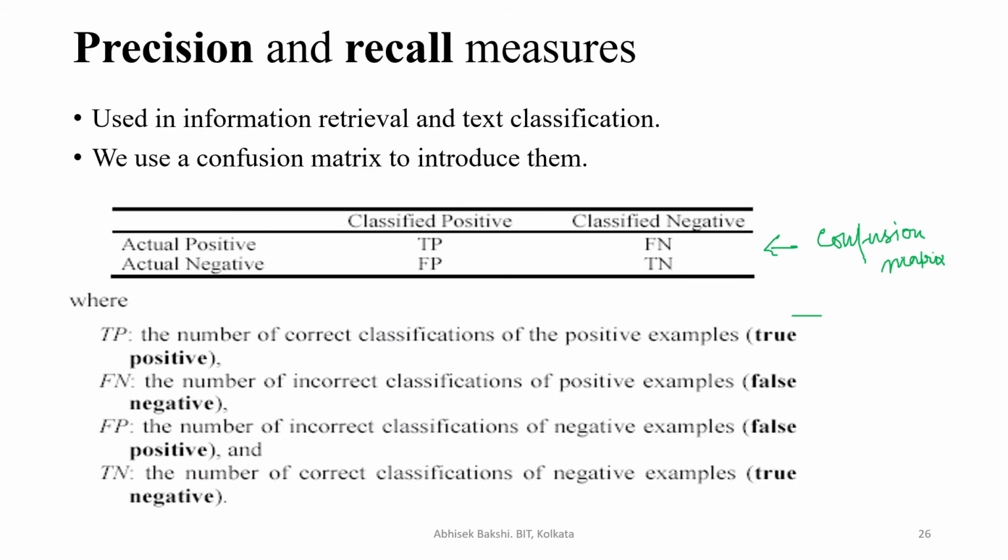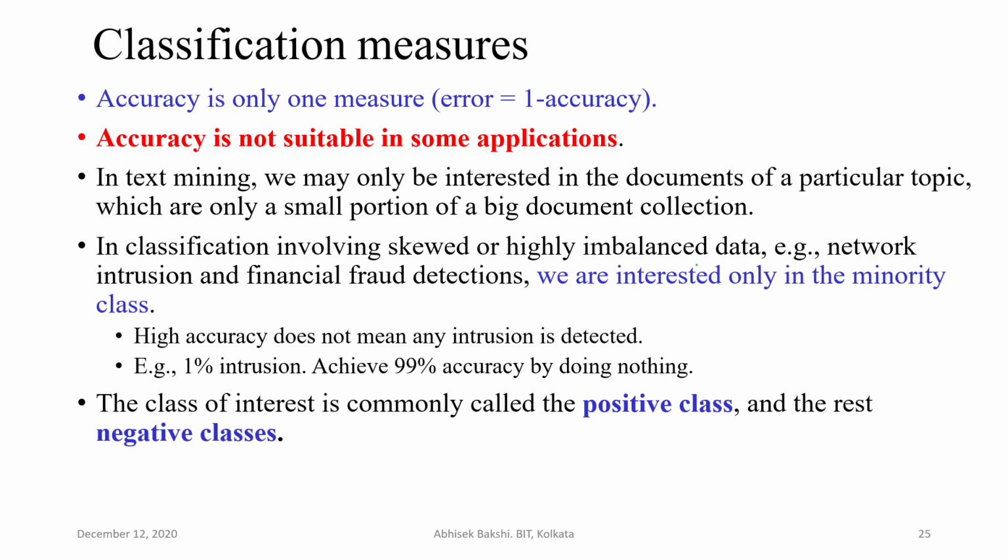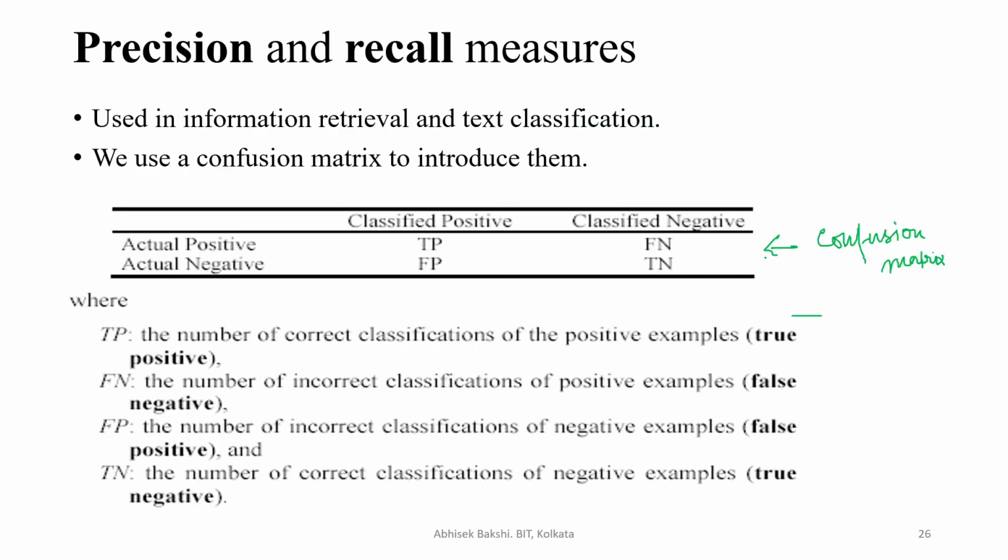By the way, regarding what false and true mean, the class of interest is commonly called the positive class and the rest are negative classes. So what does true positive mean? It is the number of correct classifications of the positive examples. Suppose there is an image of a lot of fruits, and there are two classes, one is apple and another is orange.